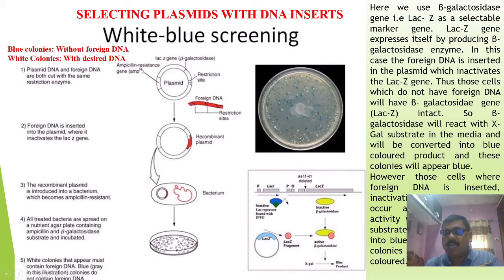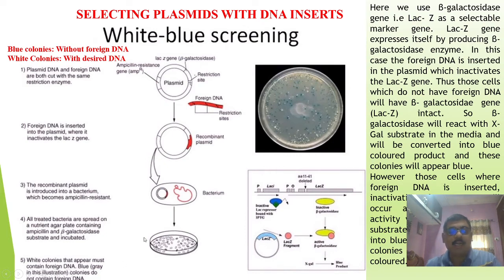Where the foreign DNA is inserted, inactivation of the LAC-Z gene has occurred, and therefore beta galactosidase activity will be lost. So the X-gal substrate will not be converted into the blue colored product, and colonies will appear white.